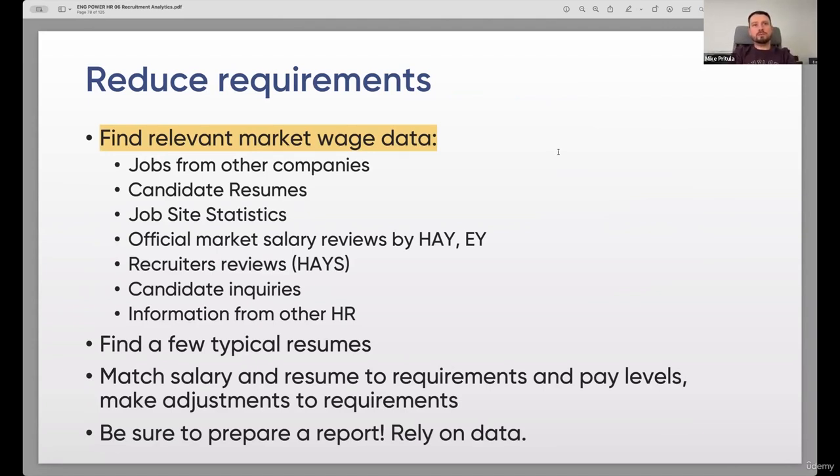For example, jobs from other companies, candidate resumes, job site statistics, official market salary reviews by Hay, EY, Radford, Mercer, Towers Watson, recruiters' reviews like Hays and other companies, like executive search companies, candidate inquiries, and information from other HR. Find a few typical resumes, match salary and resume to requirements and pay levels, and make adjustments to requirements. Be sure to prepare a report and rely on data.